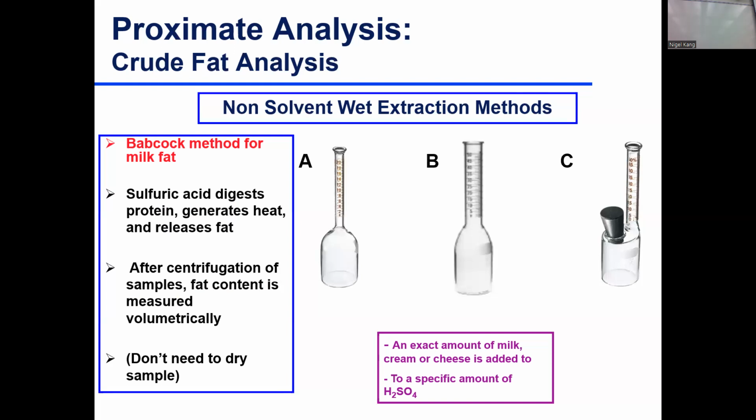And then you centrifuge. Fat has lower density compared with other food components, so fat moves to the upper part here. And this part is like a graduated cylinder. So you can read the volume here and determine, okay, I have like 3 ml, 2 ml fat in my sample. And you don't need to dry your sample. So less work here.